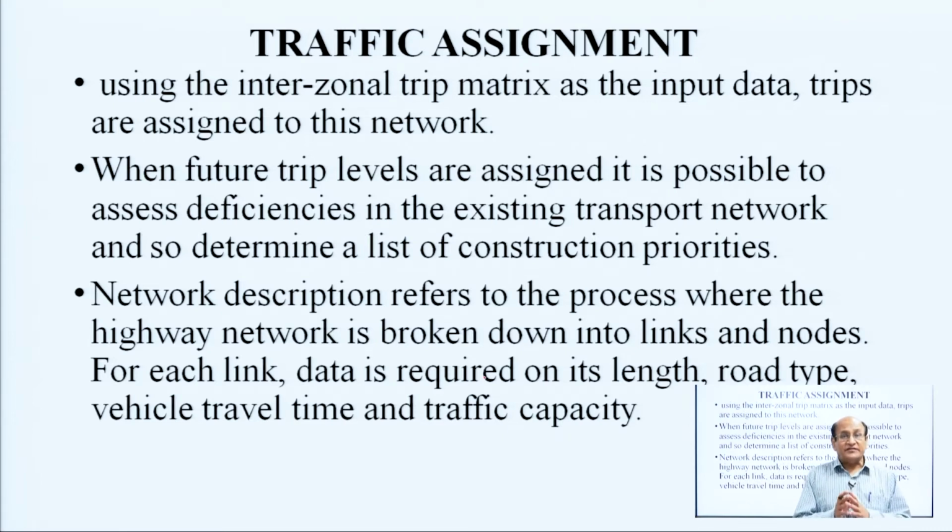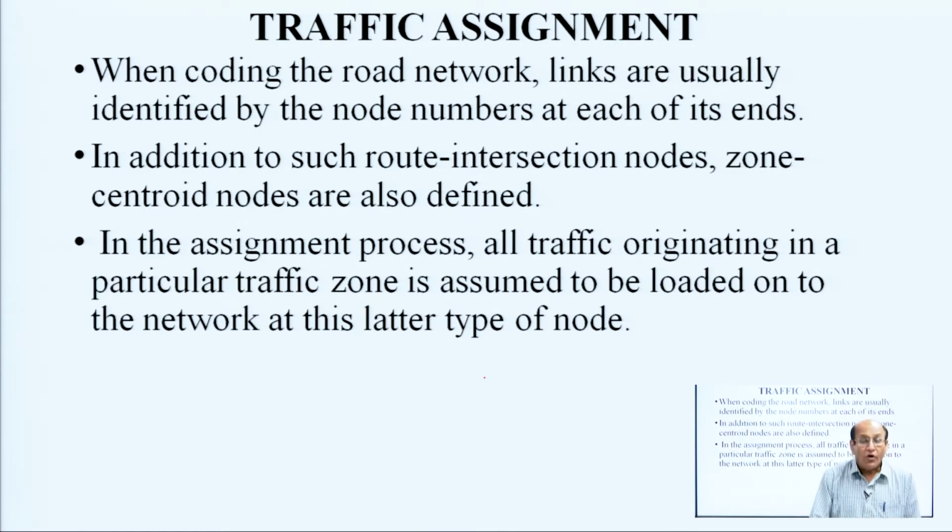Network description refers to the process where the highway network is broken down into links and nodes. For each link, data is required on its length, road type, vehicle travel time and traffic capacity. When coding the road network, links are usually identified by the node number at each of its ends.